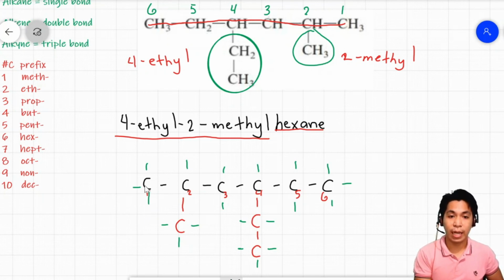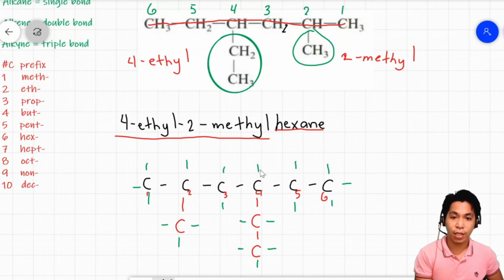So carbon number 1 has C and then 3 hydrogen. That's this one. And then carbon number 2, a hydrogen with a methyl. So you have a carbon here with a hydrogen and a methyl. And then at carbon number 3, no branch, just 1 hydrogen. This one should have 2 here. Okay? So anyway, we have a carbon here and then 2 hydrogen atoms. And then follow it up by carbon number 4 with 1 hydrogen and an ethyl.